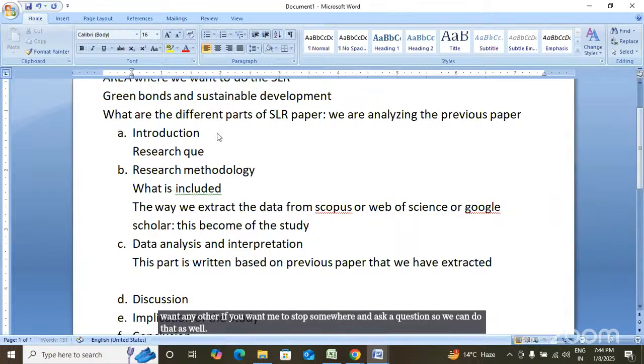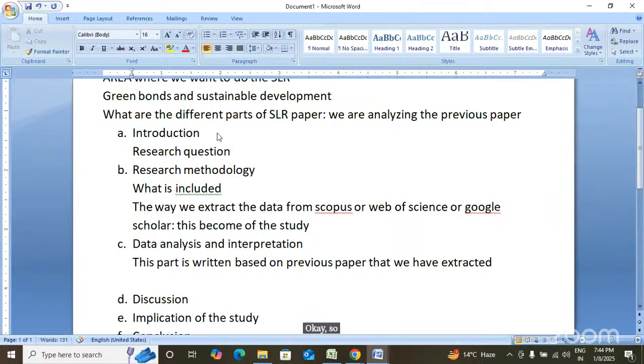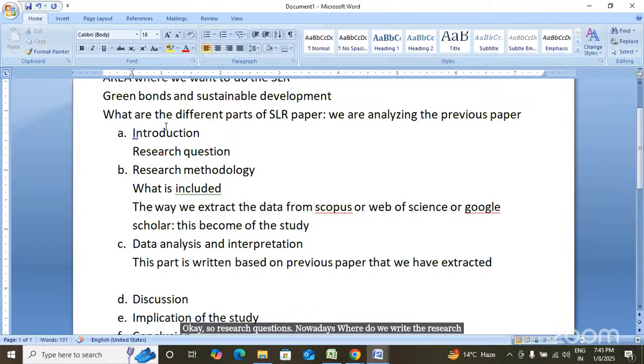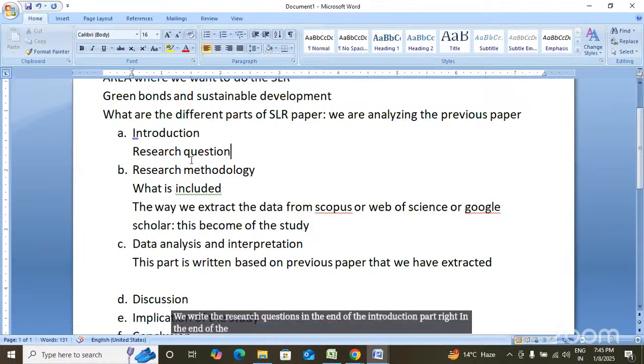Okay, so research questions. Nowadays, where do we write the research questions? We write the research questions at the end of the introduction part, right? So research questions go in the introduction. So this is research methodology. So let's talk about the data analysis part.